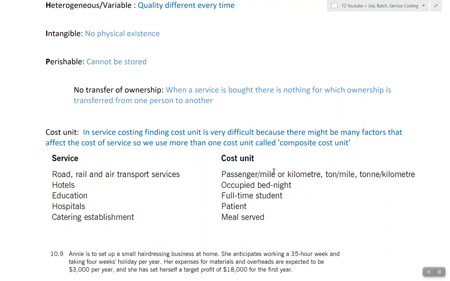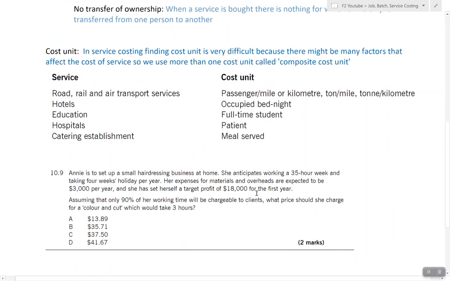Or they could use ton per mile, so two things. Hotels could use occupied bed per night, so per bed per night. We have full-time students for education. We have patient per night for a hospital. Catering establishments could use meals served. So sometimes we use more than one cost unit. We call that a composite cost unit.